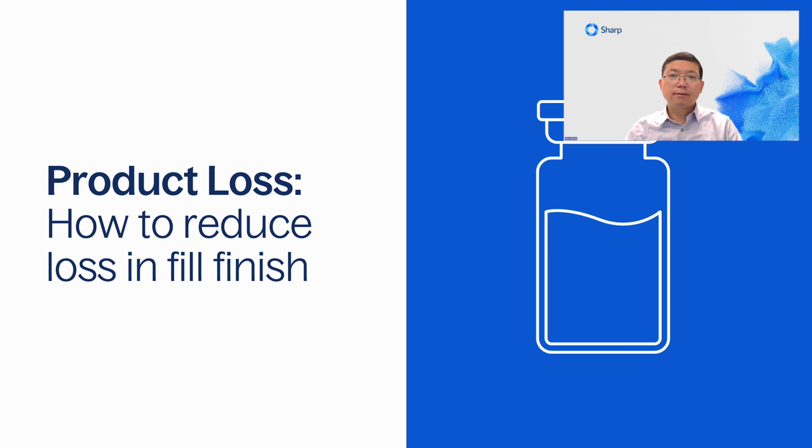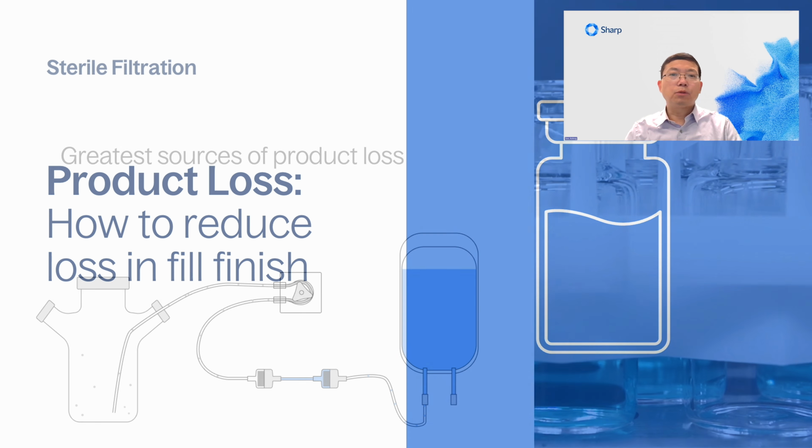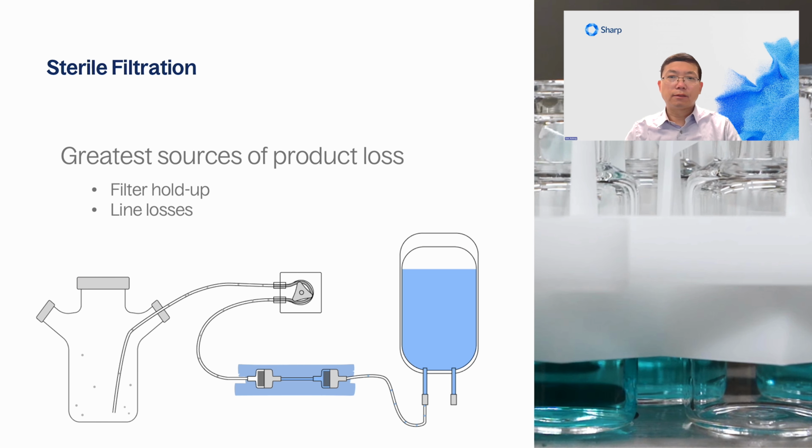Fortunately for our clients, there are several mitigation strategies to reduce volume loss. Let's discuss sterile filtration first. Filter holdup and line losses are the most significant source of product loss. There are several ways to limit this loss.